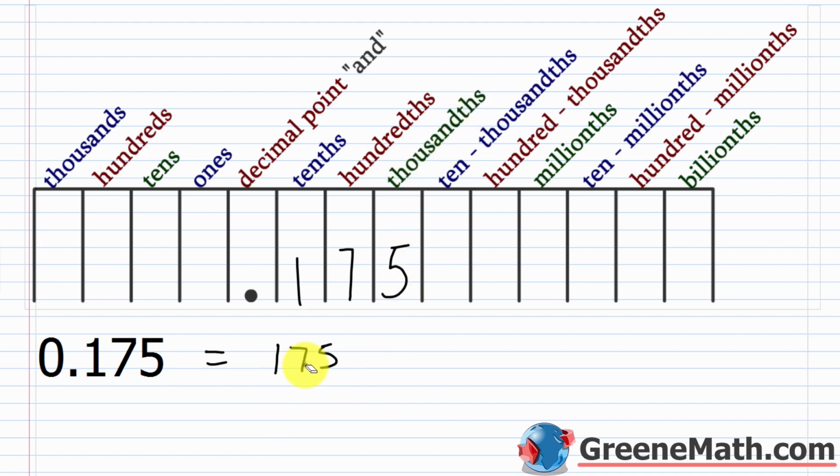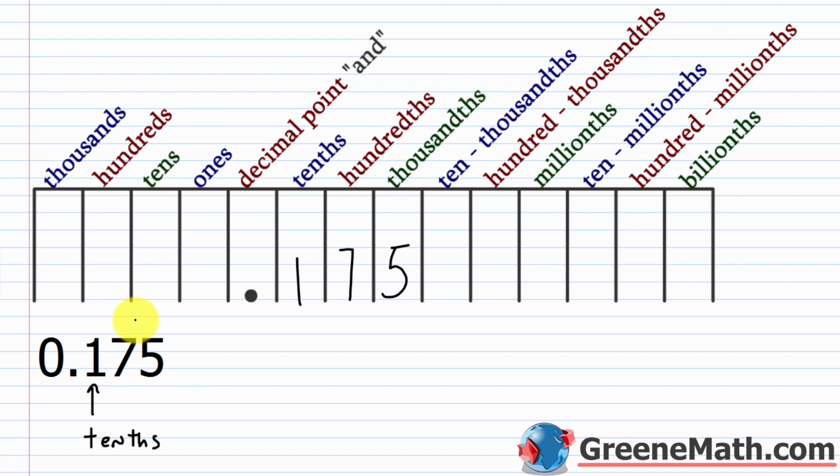So now, having said that, let's go ahead and label everything. So the 1 is going to be in the tenths place. And notice how everything after the decimal point has a THS, right? So you have 10 and then you put a THS, 100 and then you put a THS, 1,000 then a THS, so on and so forth.